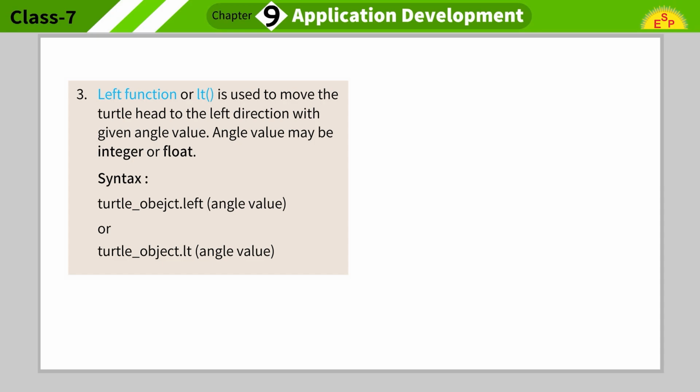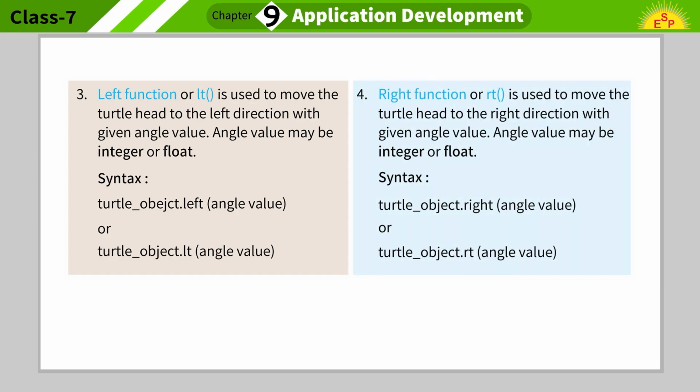3. Left function or LT is used to move the turtle head to the left direction with given angle value. Angle value may be integer or float. Syntax: turtle_object.left(angle value) or turtle_object.lt(angle value). 4.